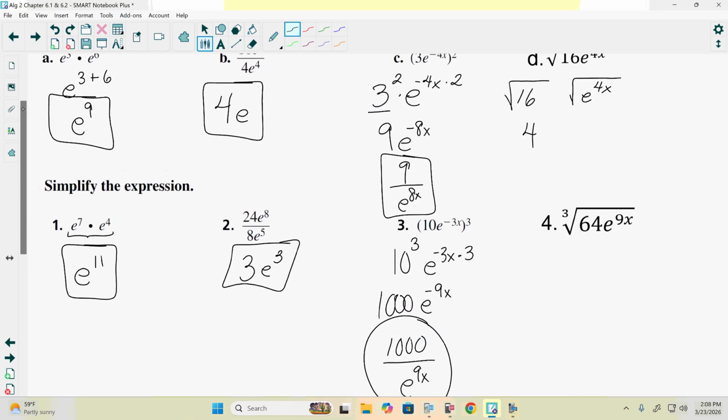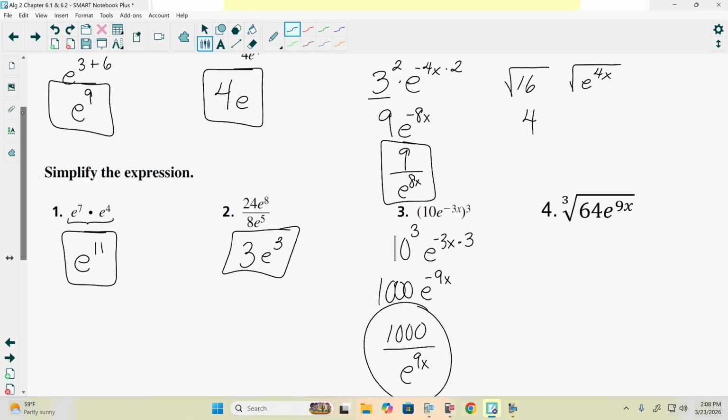So, if we look at the e to the 4x, according to that there, we still have the e. What's inside? This exponent goes on top. And even though we don't have it written, the index is understood to be 2, because it's a square root.